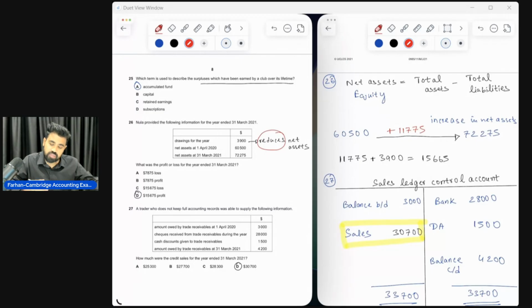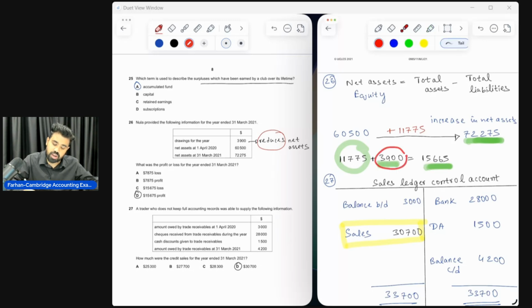So the drawings have already been done and have been factored in the calculation of this final balance of 72,275. So if the change we are noticing is 11,775, then the profit, if you add the drawings back, must have been 15,675, from which 3,900 would have been withdrawn as drawings to leave us with $11,775, which validates the increase in net assets.